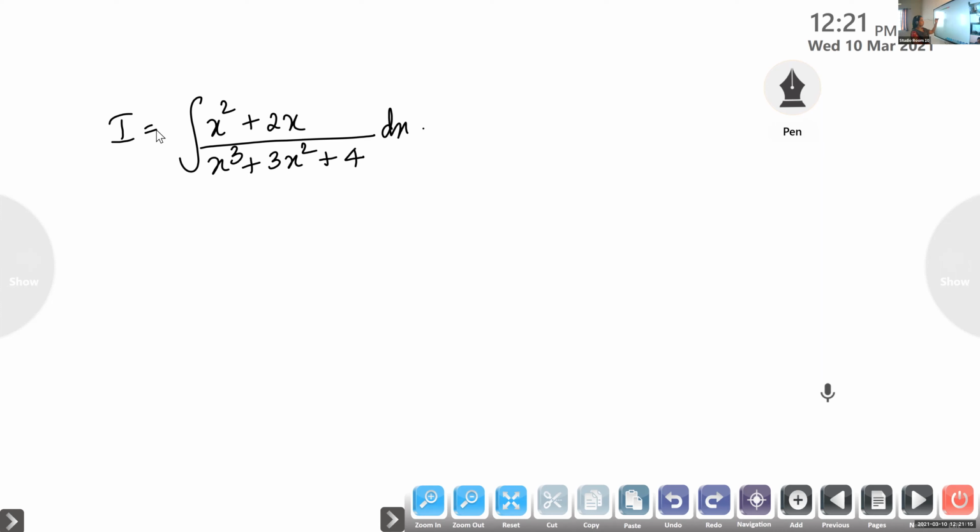Check whether the derivative of the denominator is in the numerator. Take the denominator, x cube plus 3x square plus 4, as t. What is the derivative of x cube? 3x square.